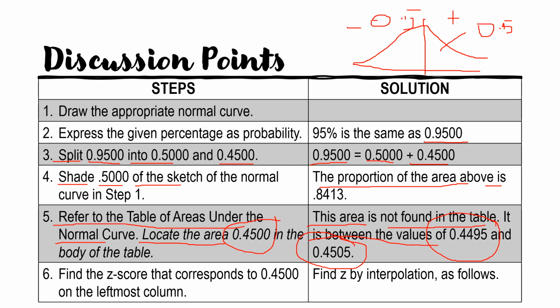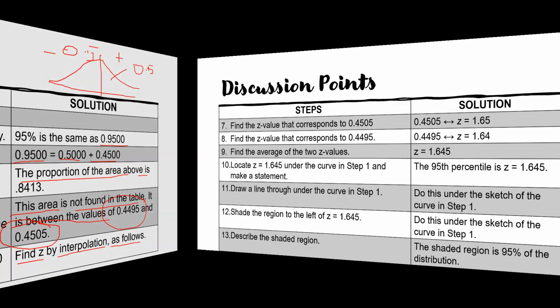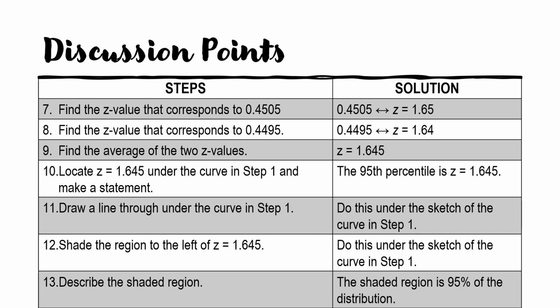Now, in your step number 6, find the z-score that corresponds to 0.45 on the leftmost column. Find z by interpolation as follows. For step number 7, find the z value that corresponds to 0.4505.